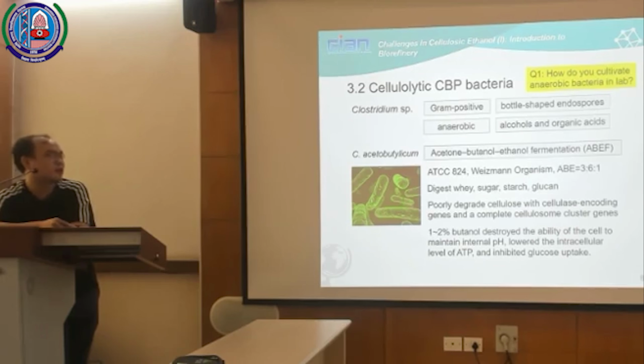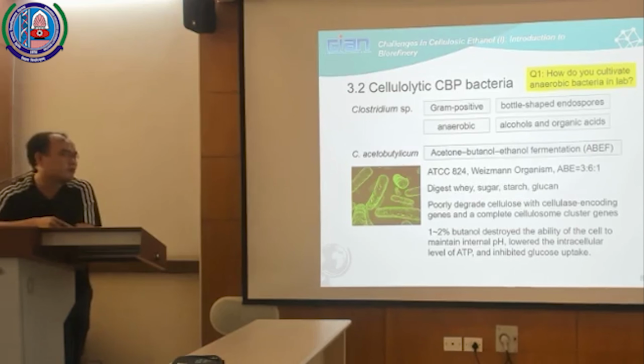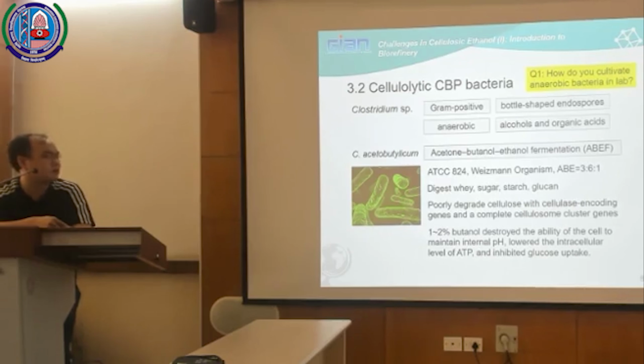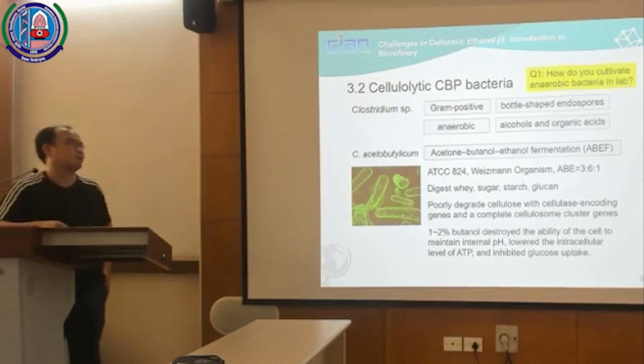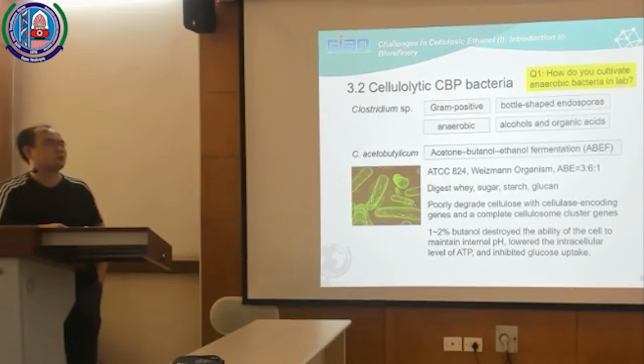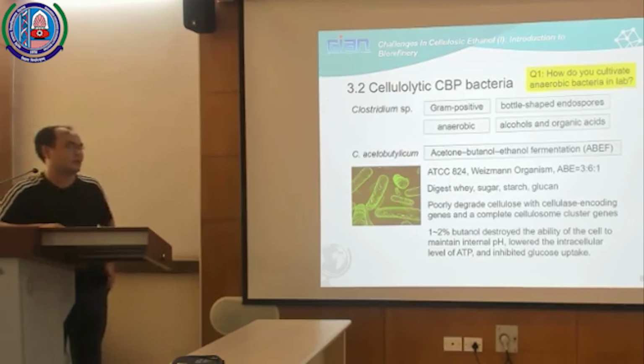Recently, it is increasingly developed to produce butanol from starch and from biomass hydrolysate. However, the accumulation of butanol to a content of 1% to 2% will be very harmful to this strain. Very harmful. Butanol is a toxic chemical to microorganisms.